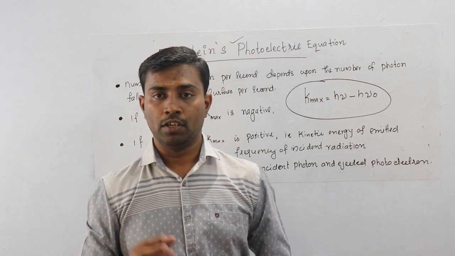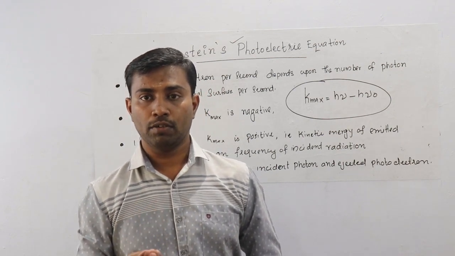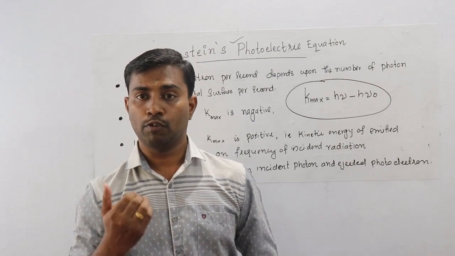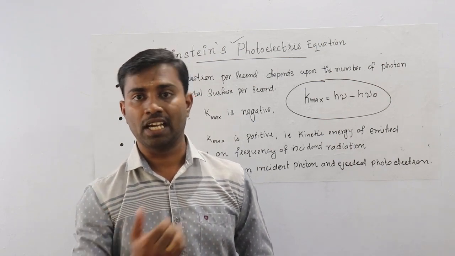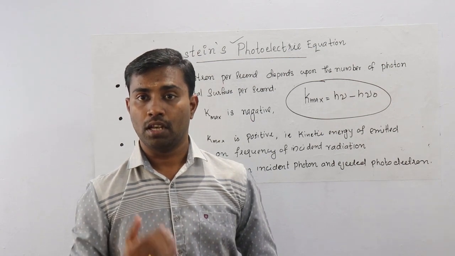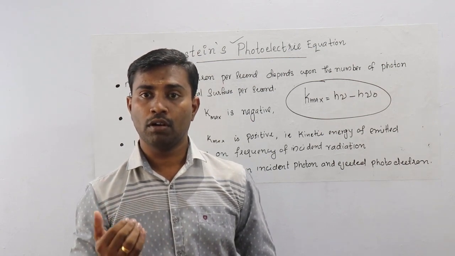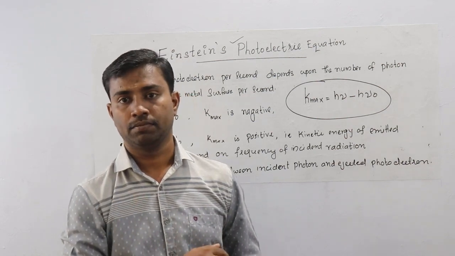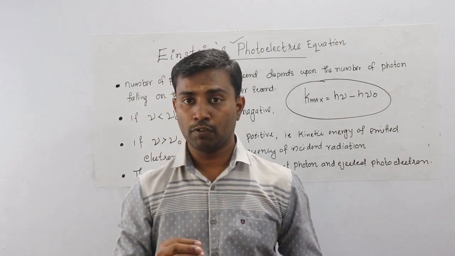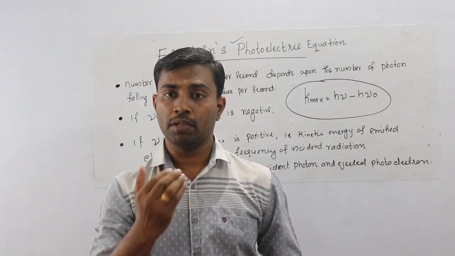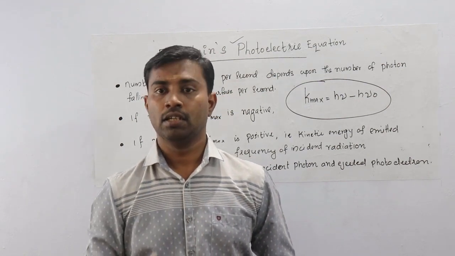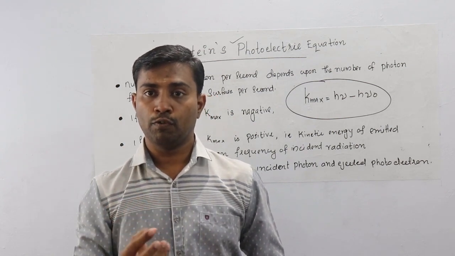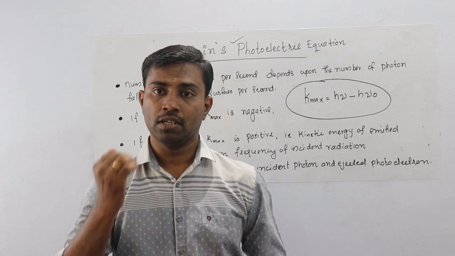That means the number of photoelectrons emitted per second depends on the number of photons incident on the metal surface per second. The number of photoelectrons emitted per second is related to the number of photons incident per second.